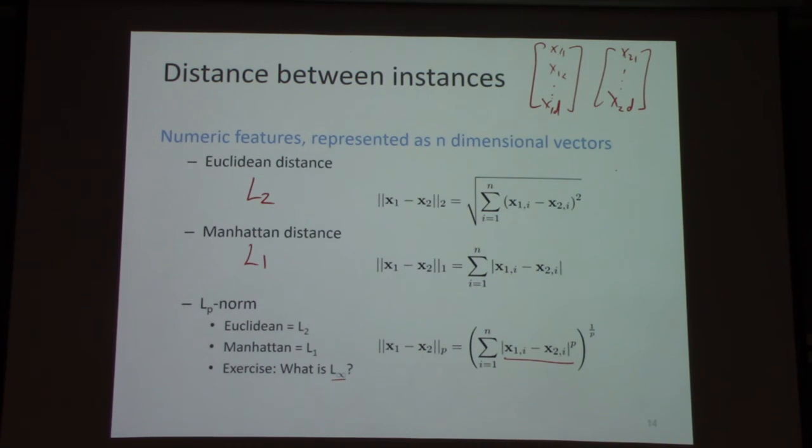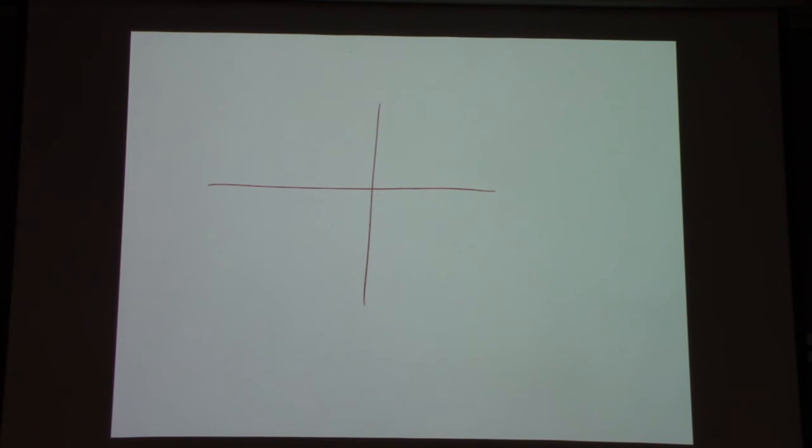One way of thinking about these things is, let's draw regions of points that are all at the same distance. Let's pretend that one of those points is the origin. So I have a point x and I want to measure x minus 0, which is just the norm of x.